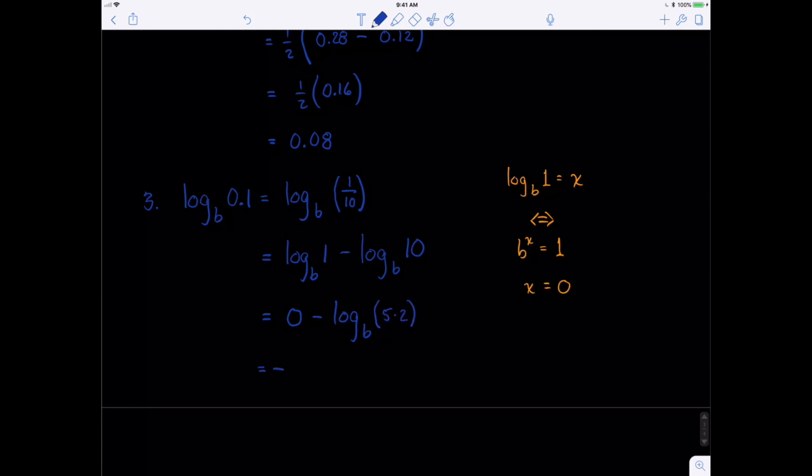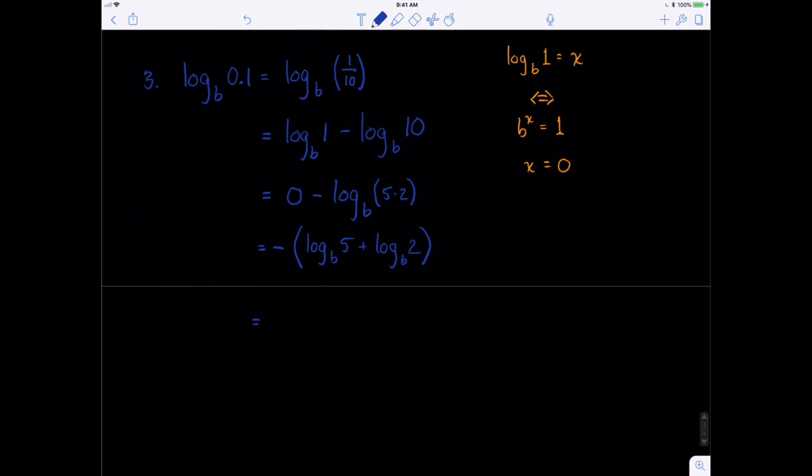So this becomes minus, and I'm going to use parentheses because all of this is affected, the log base b of 5 plus the log base b of 2. So now we can rewrite this as minus 0.28 plus 0.12. This becomes minus 0.4. And that's how we can use the properties of logs to simplify what looks like something quite complicated. Thanks for watching.